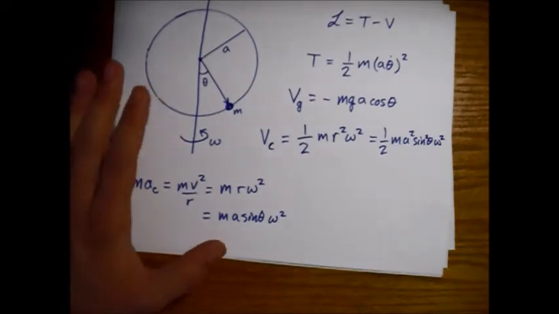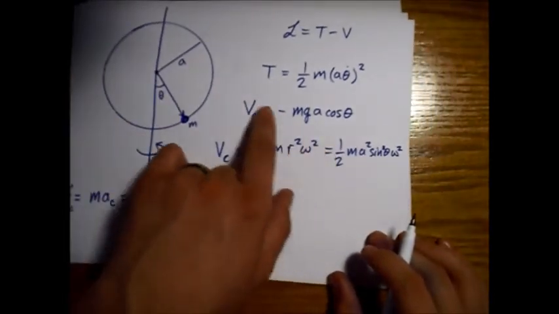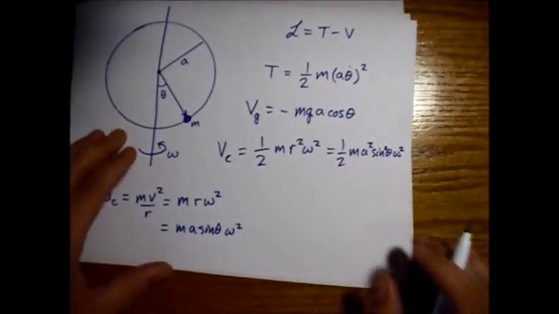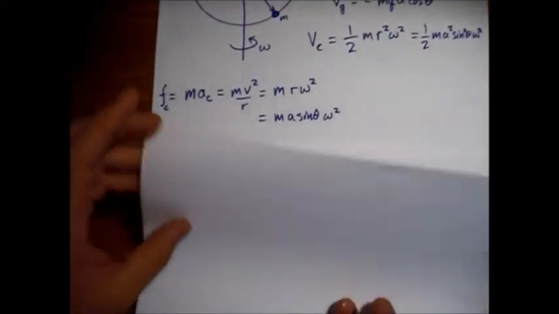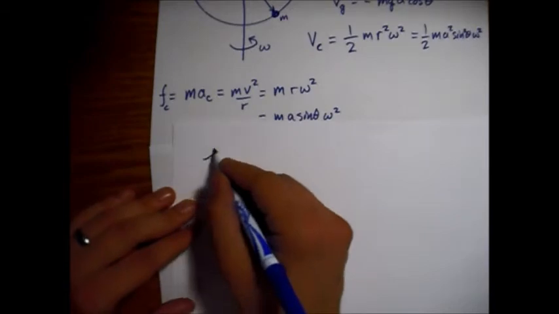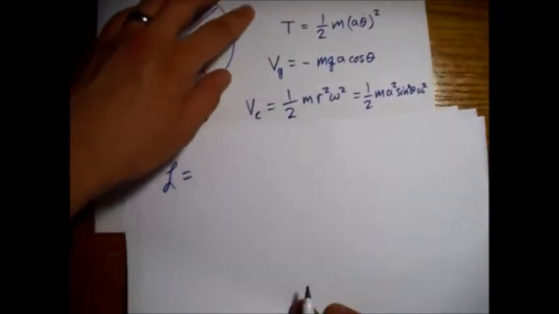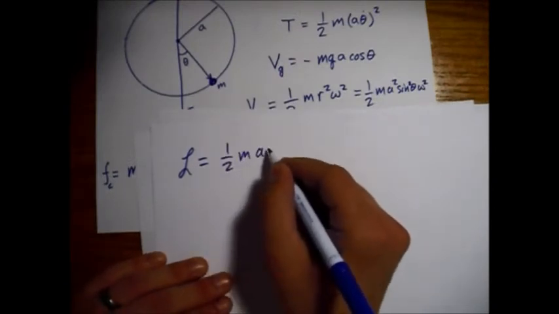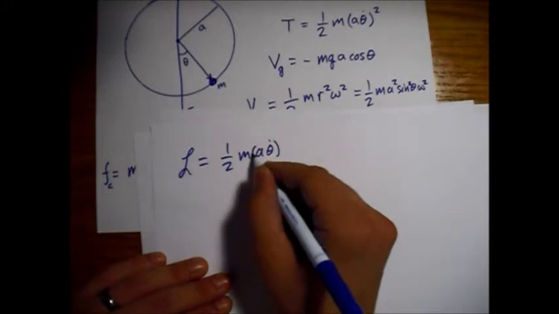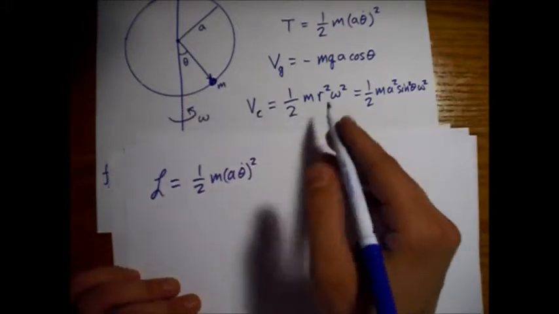All right, I think we're good now. So we have two pieces for our potential and one piece for our kinetic energy. So I'm going to go ahead and write the Lagrangian here, right? T minus V. Our T is equal to 1/2 m a squared theta dot squared.